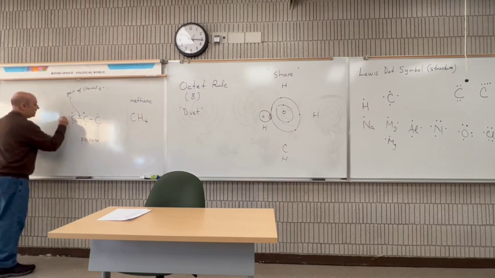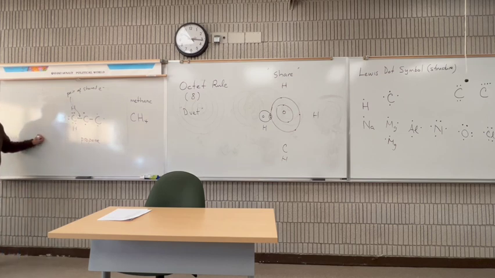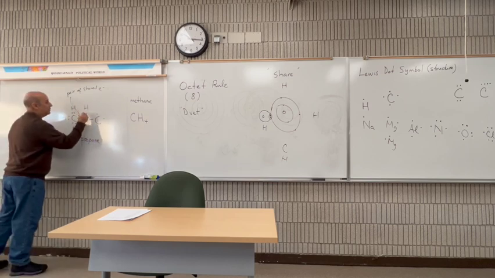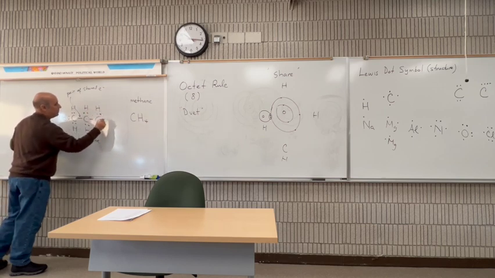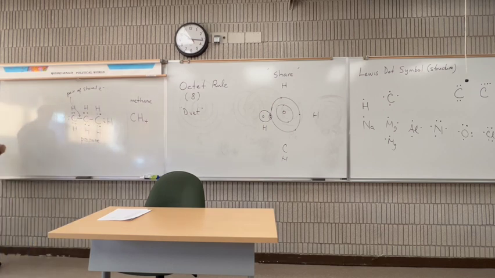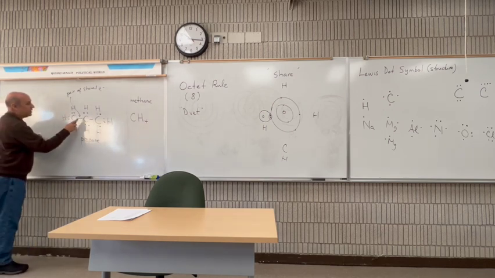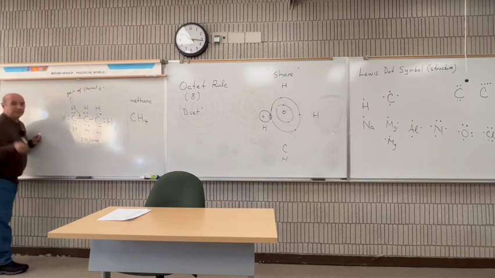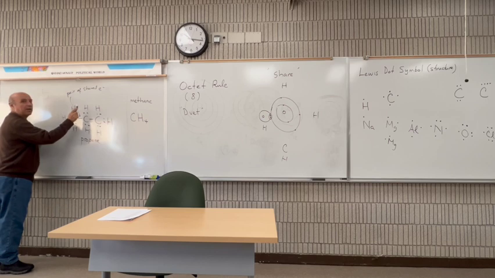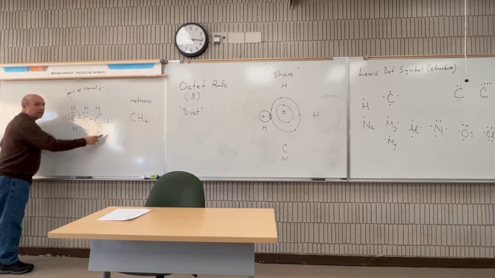So 1 hydrogen here, 1 hydrogen there, 1 hydrogen there, each hydrogen with a little x. 1 hydrogen here, 1 hydrogen there, 1 hydrogen here, 1 hydrogen there, and 1 hydrogen there. And now we have 2, 4, 6, 8, 2, 4, 6, 8, 2, 4, 6, 8, and importantly, 2 for that hydrogen, 2 for that hydrogen, a duet for every hydrogen.